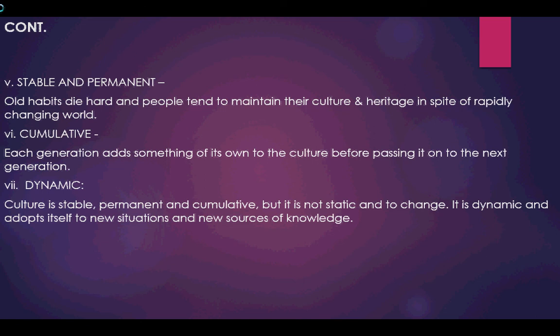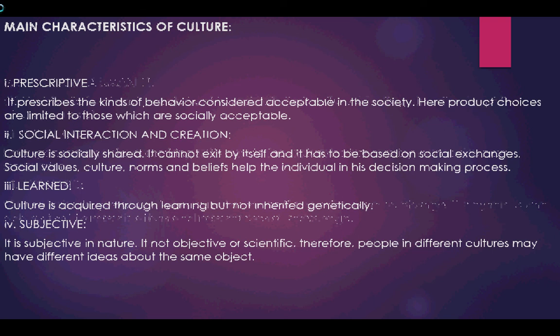Culture is stable, permanent, and cumulative in nature, but it is not static. It is dynamic. It keeps on changing. So therefore, we adapt ourselves to new situations and new sources of knowledge. So therefore, these are the seven characteristics of culture.